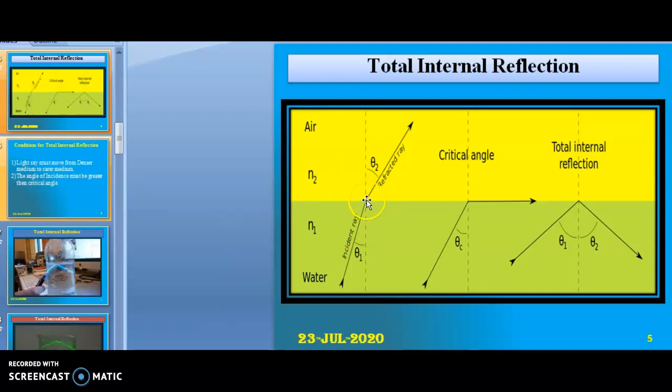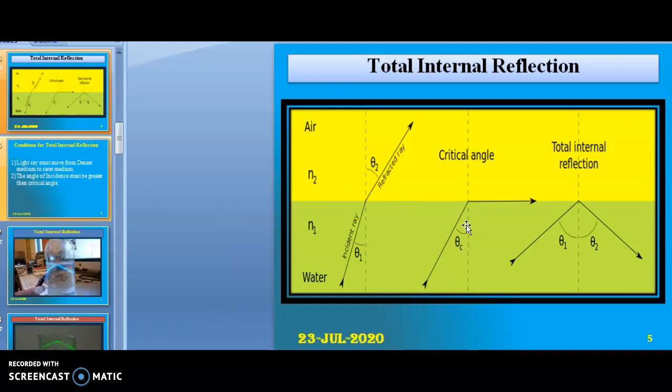This is the point of incidence, and this is the normal drawn at the point of incidence. This is called the incident ray. Here the refracted ray has bent away from the normal because the light ray is moving from denser medium to rarer medium. Here theta 1 is called angle of incidence and theta 2 is called angle of refraction.